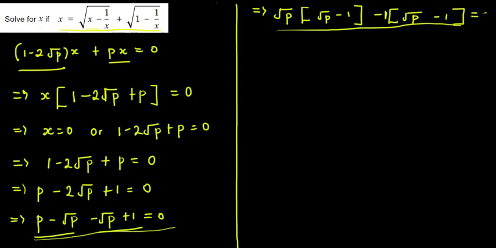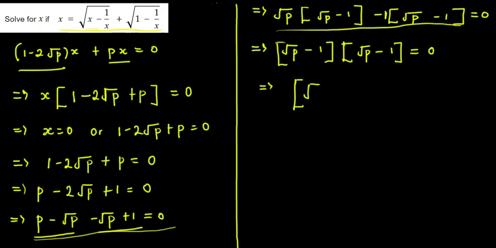Now this is all equal to 0. So now I'll factor out root p minus 1 from this, and I'll have root p minus 1 multiplied by root p minus 1, which is equal to 0. This is the same thing as root p minus 1 squared equal to 0.